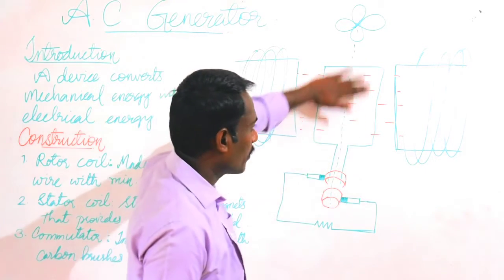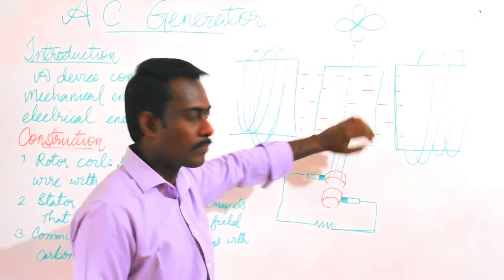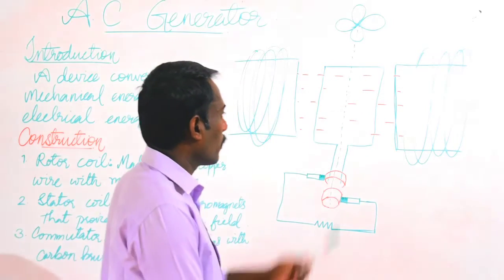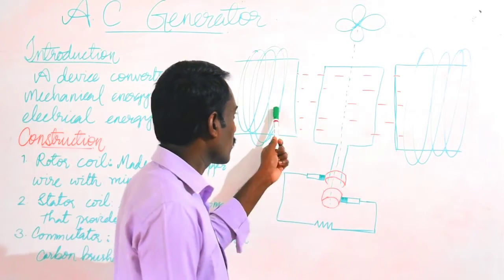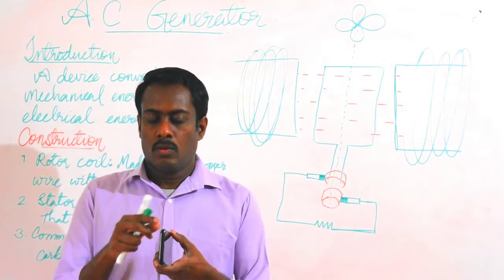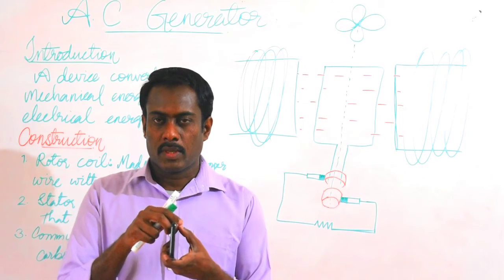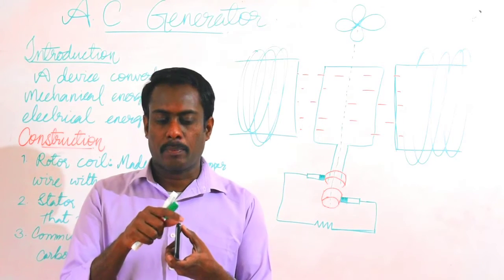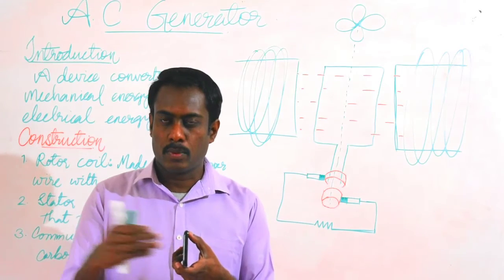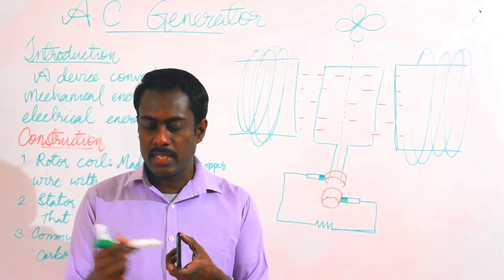First, this entire system is called the armature. The armature is perpendicular to the magnetic field. Now this is a position of the armature, and the magnetic field is in this direction.